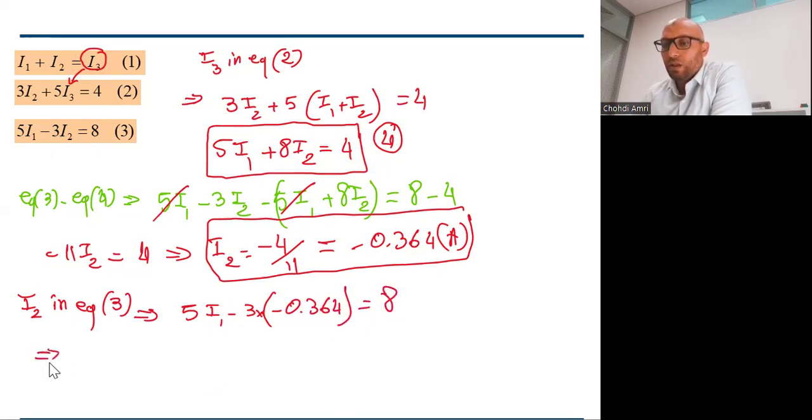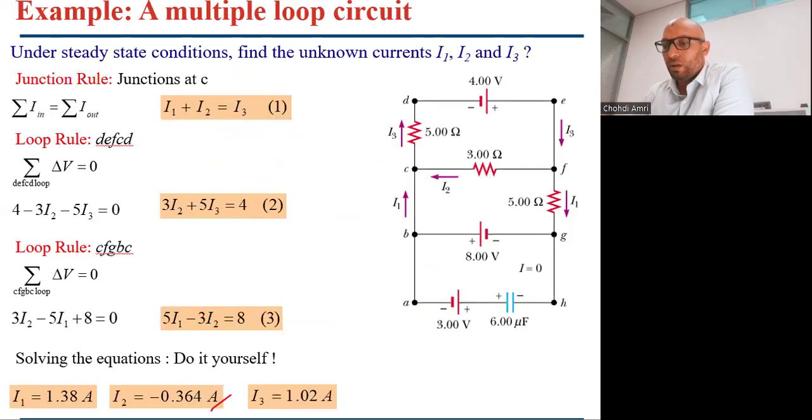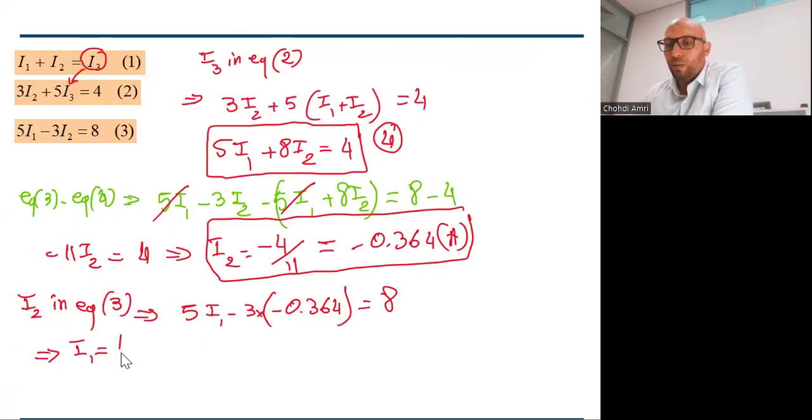So I1 will be equal 1.38 ampere. Good. Just calculate this equation using your calculator.